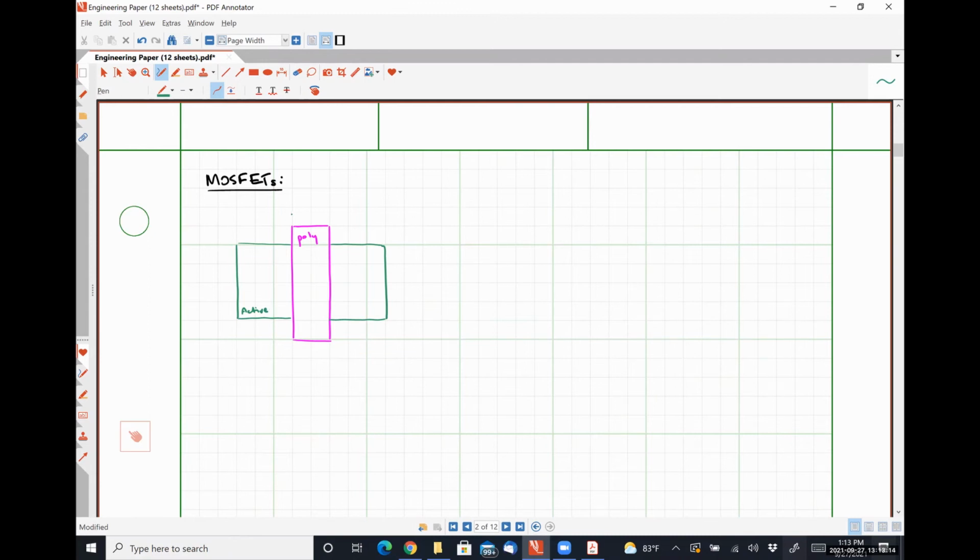So we have control over our channel length, ostensibly, and we have control over our transistor width.